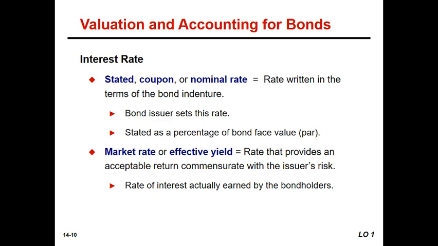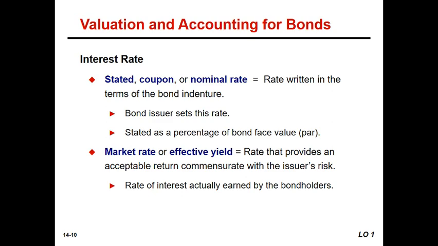When bonds are sold for more than their face value, it's called at premium. If they're sold at less than their face value, it's called at discount. The actual interest rate that is going to be earned by the bondholder in either of those situations is different from the stated rate.